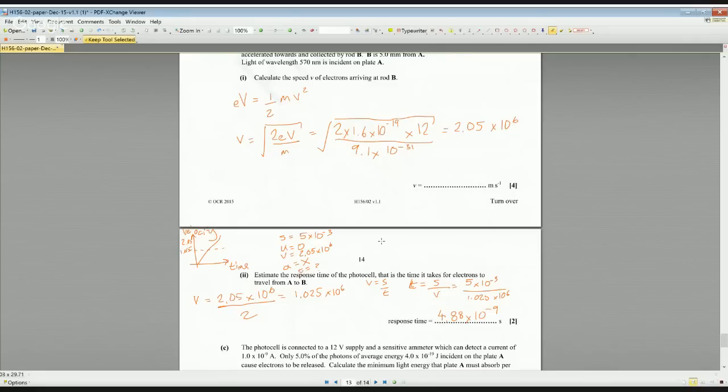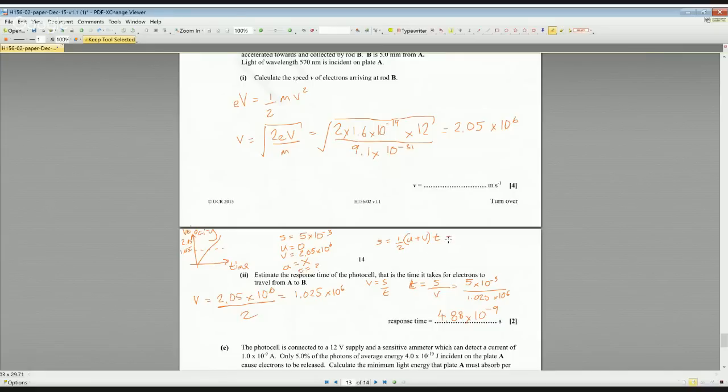So that would be S equals half (U plus V) times T. Am I right there? And what you'll see is that the effect of this is the same.